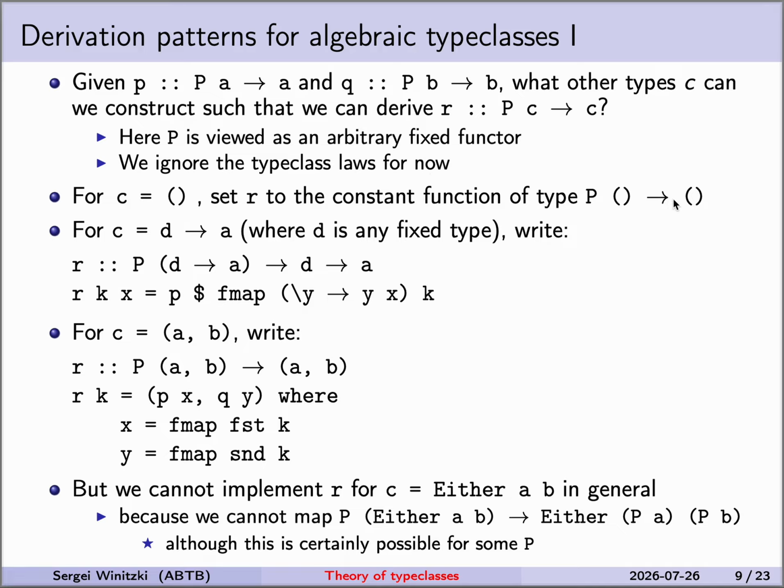And as for the laws, clearly all laws are going to be satisfied. Any kind of law is going to be an equation using this function, but this function can only return a unit value. And so the left-hand side of the law is going to be a value of the unit type, and the right-hand side of the law is going to be a value of the unit type no matter what you do with this function. And that's always going to be equal.